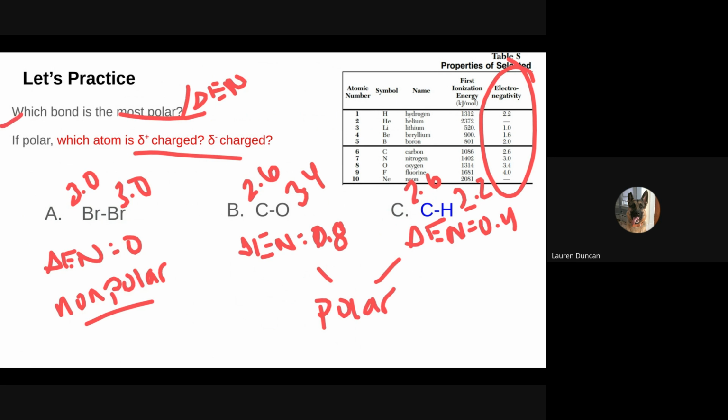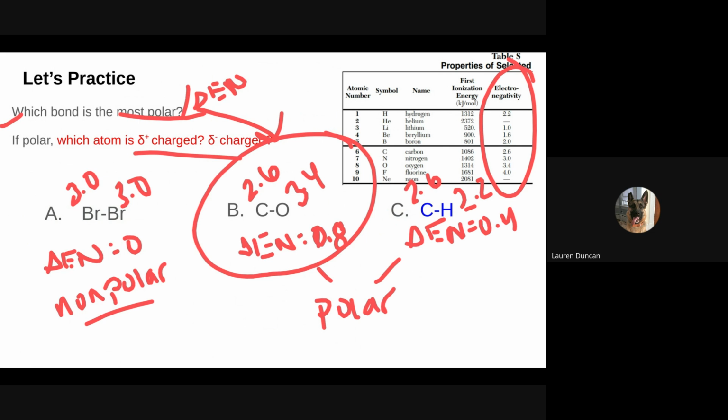But to answer this question, which one's the most polar? B is the most polar. How do I know? It has the bigger difference in electronegativity. There's more unequal sharing of the bonding pair of electrons in B than there is in C. So the partial positive and partial negative ends of that bond are going to be stronger in B than they are in C.